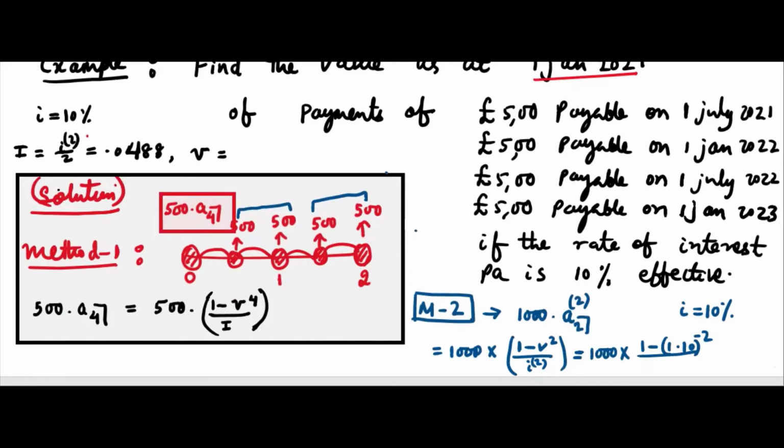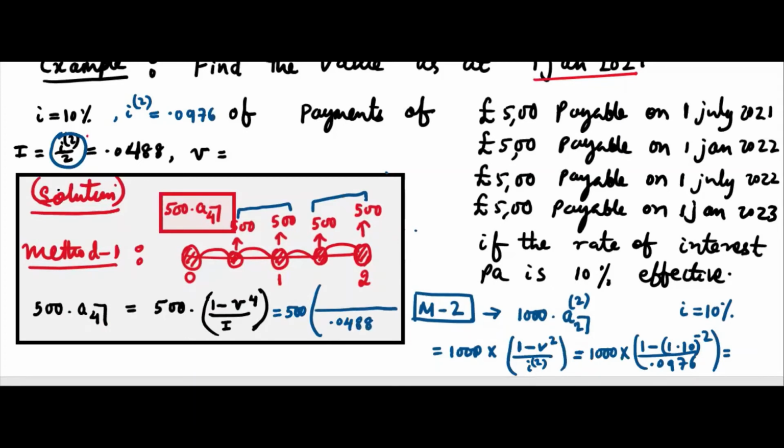And this one, i(2), we know here because we know i(2) by 2. We know i(2) as well. So i(2) will be 9.76, 0.0976. If you multiply this, then you get the answer here. And if you want to find this one, i is 0.0488.